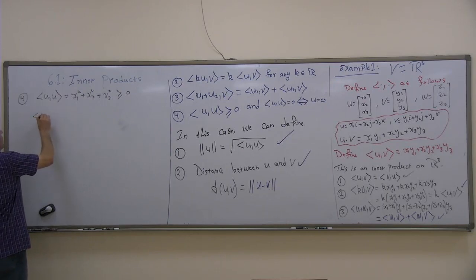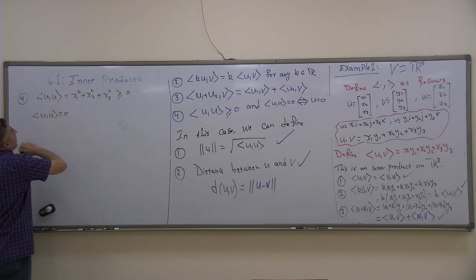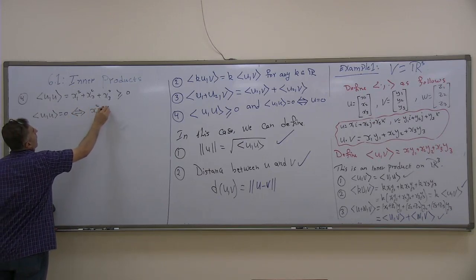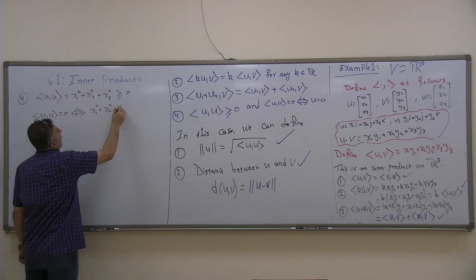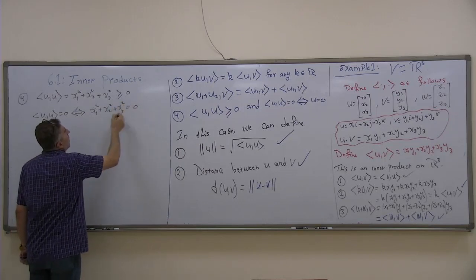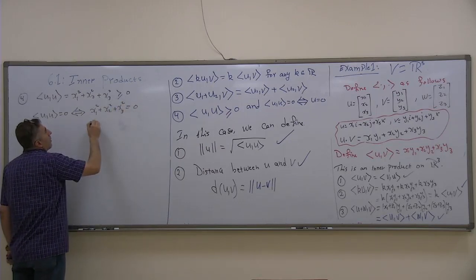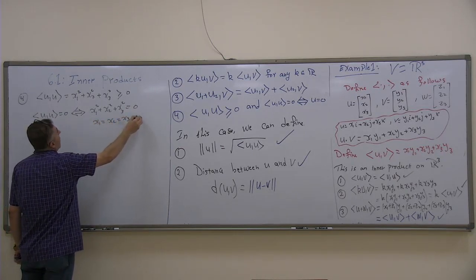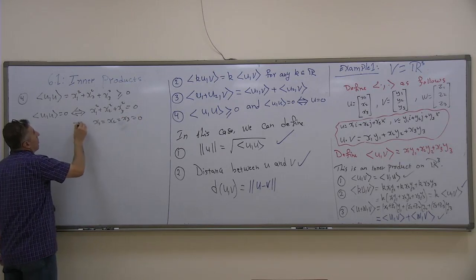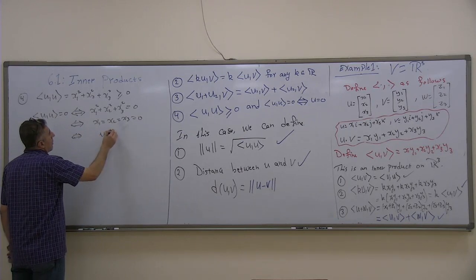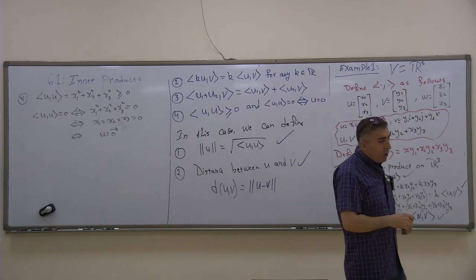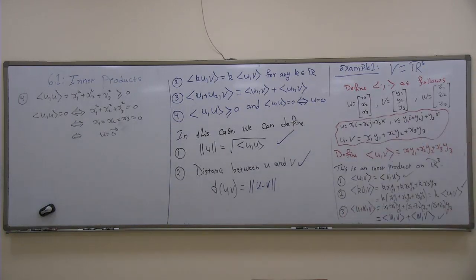And when you take U, U equals 0, you get X1 squared plus X2 squared plus X3 squared equal to 0. And when do you get this 0? You get this 0 when X1 equals X2 equals X3 equals 0. And that means U equals the 0 vector. Okay? So the four conditions here are satisfied easily.